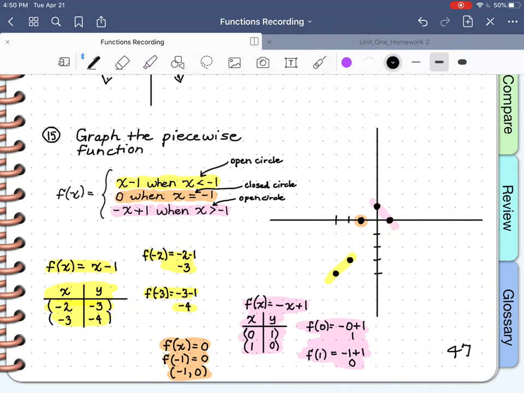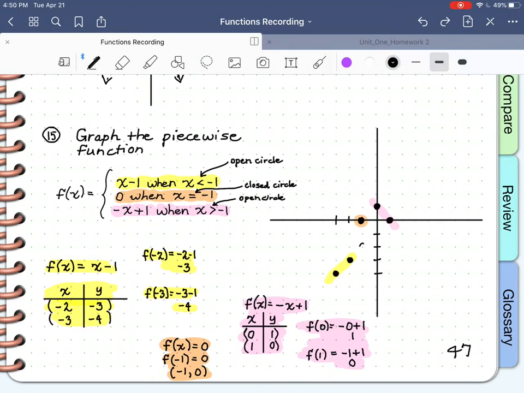So the yellow one says when x is less than -1. So at -1, I'm going to go ahead and put an open circle. Oops, that's not what I meant. X is -1, so we're going to put one. Something isn't right here.